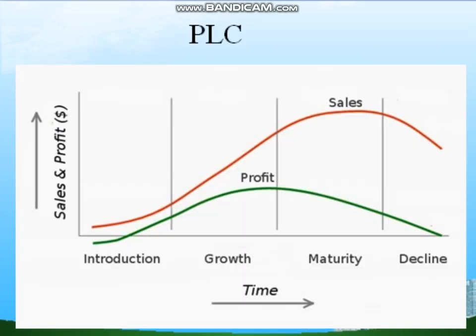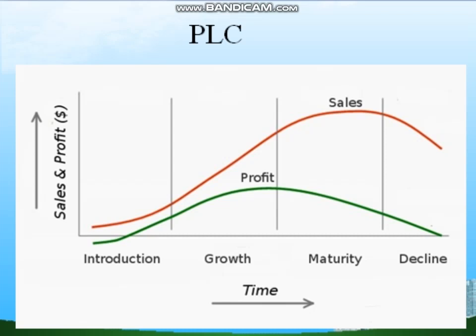Then this is a graphical representation of the different stages of a product life cycle. In the first stage, the sales will begin to increase, and the profit will also begin to increase. In the growth stage, sales will be growing, and profit will also be growing.